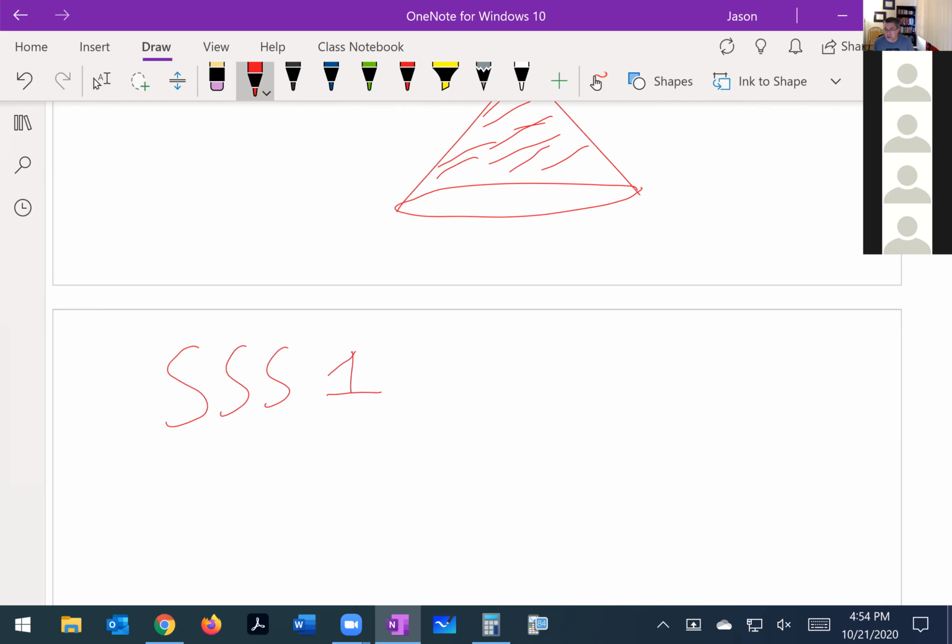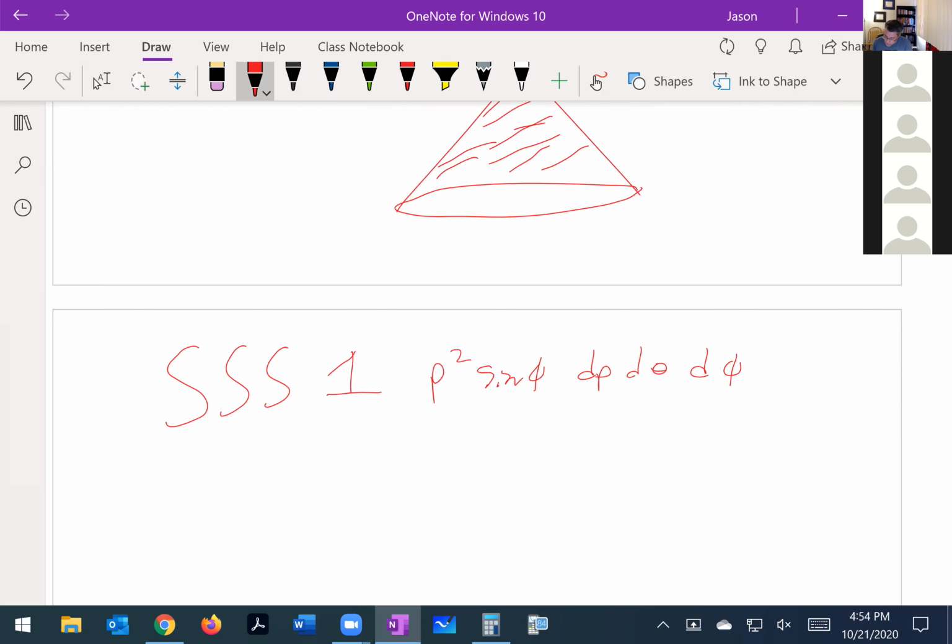And then we're going to use our conversion factor rho squared sine phi d theta d rho. The hardest part is going to be figuring out what my limits of integration are. The integration is easy.